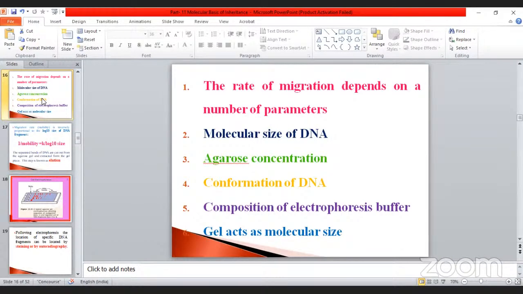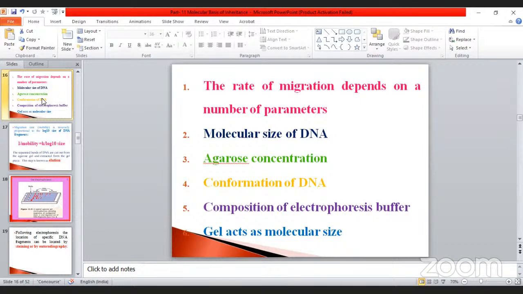Gel acts as a molecular sieve. The agarose gel has molecules of different sizes. Some of them have a log 10, some of them have a log 12, like that. The size of the molecules also differs according to the separation of the molecule.